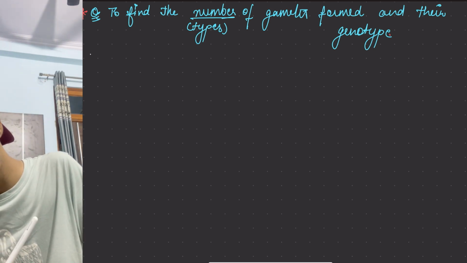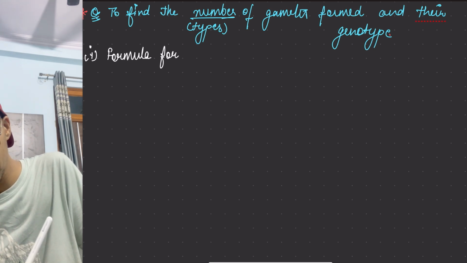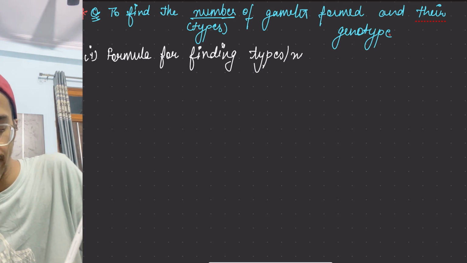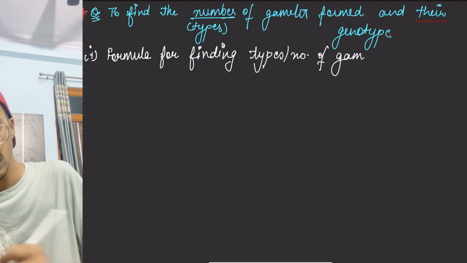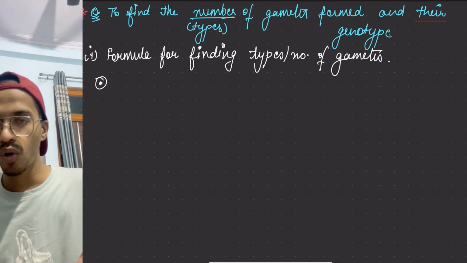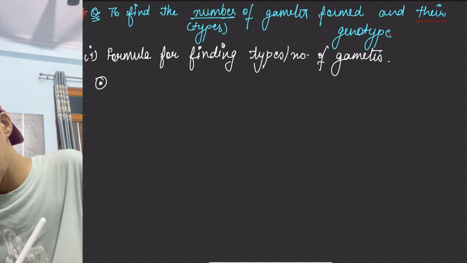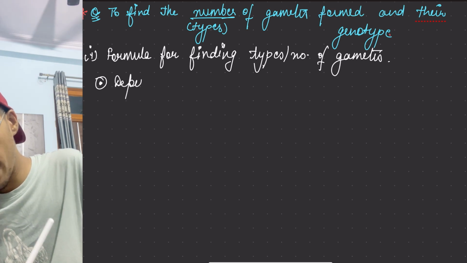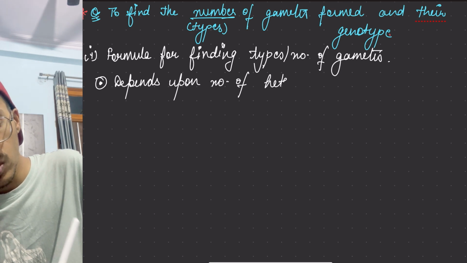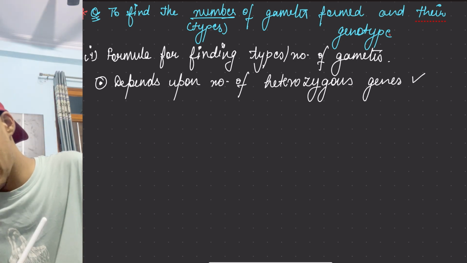So first is the formula for finding types or number of gametes. So how will you do it? Now it depends upon the number of heterozygous genes present. Okay, so what I said, that depends upon the number of heterozygous genes present.